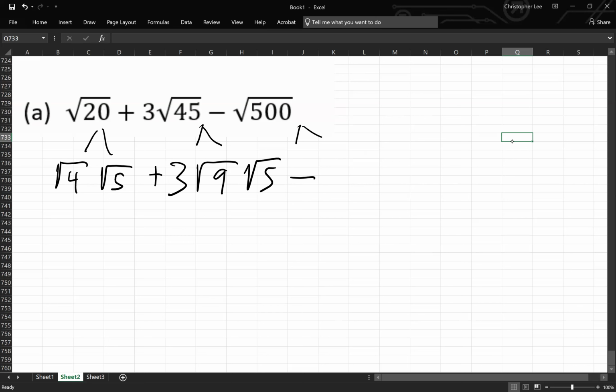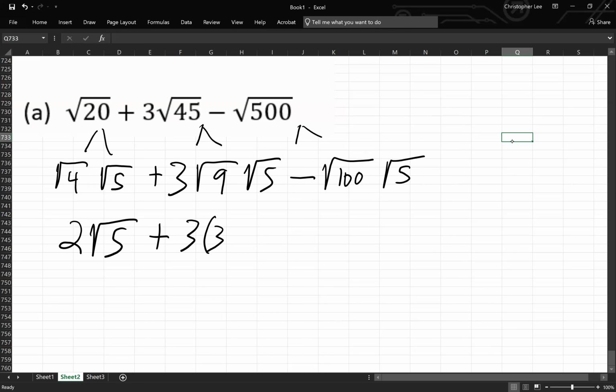Five and 100. That sounds better. Square root 100 and square root 5. Where the square root of 4 is going to be 2. So 2 square root 5, good, plus 3 times 3, square root 5, very good, minus the square root of 100, which is 10, square root 5.